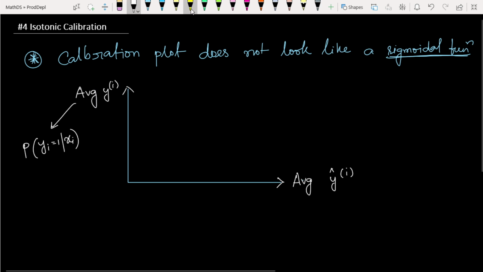If you remember, in the previous video we saw that real-world data actually look like this type of plot. It's not a sigmoidal type of function.